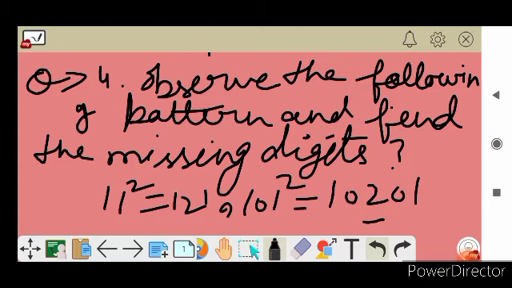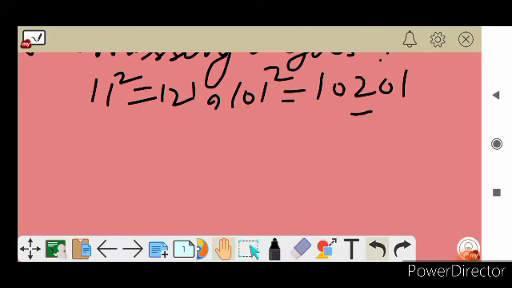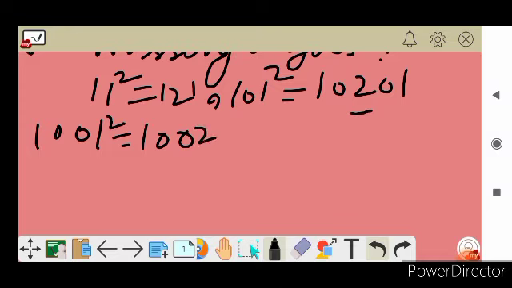The next number is 1001 square, so we will write 1002001. Here there are two zeros between 1 and 1, so we also use 0 0.